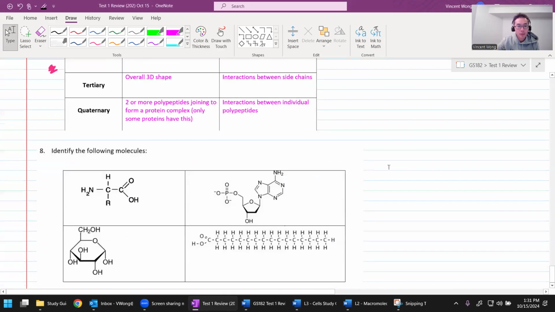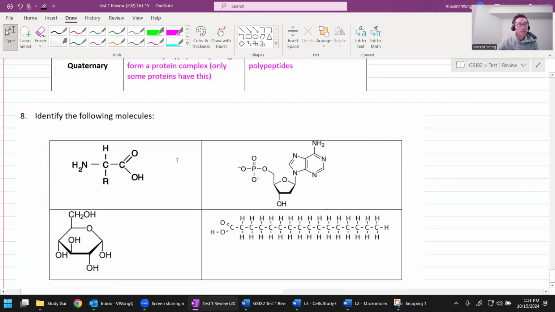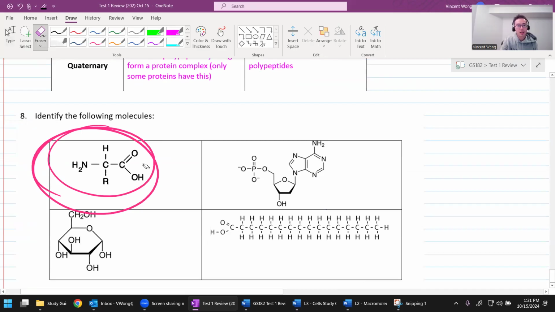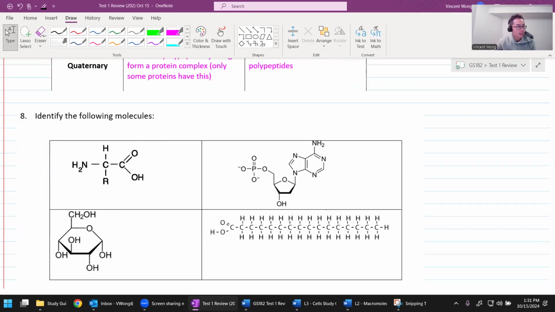Okay, identify the following molecules. I've drawn this for you a couple of times already. You should be able to recognize what it is. Anybody? What is this guy?